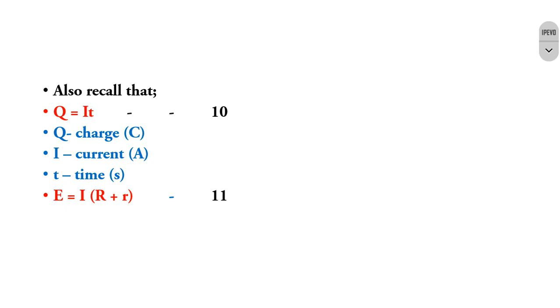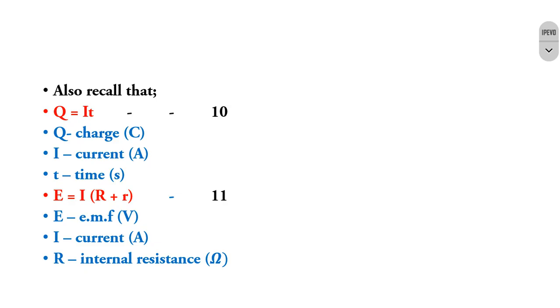Also recall that E equals I into R plus r, equation 11. We are still going to apply this expression, where E is the EMF in volts, I is the current, R is the resistance of the circuit, and small r is the internal resistance.